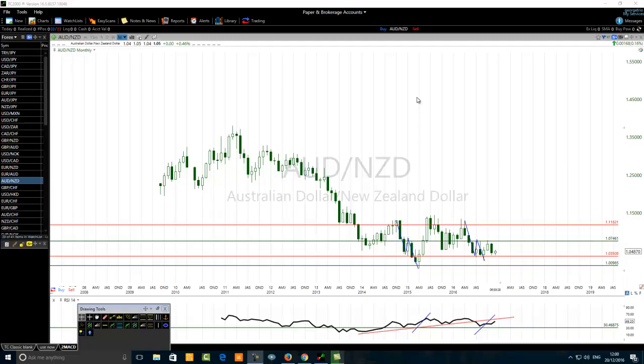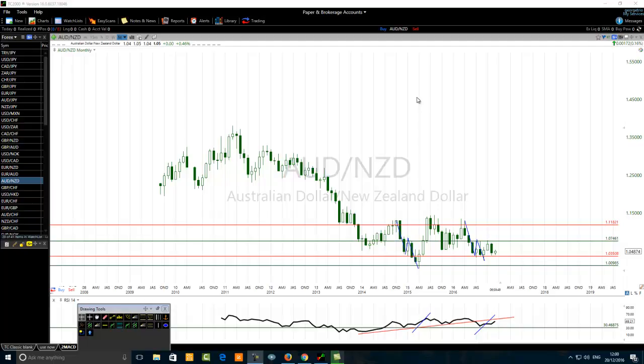Let's get started. The currency pair that we are about to analyze today is the Australian dollar, New Zealand dollar currency pair, and we are on the monthly chart. There is a huge competition between the Australian dollar and the New Zealand dollar.